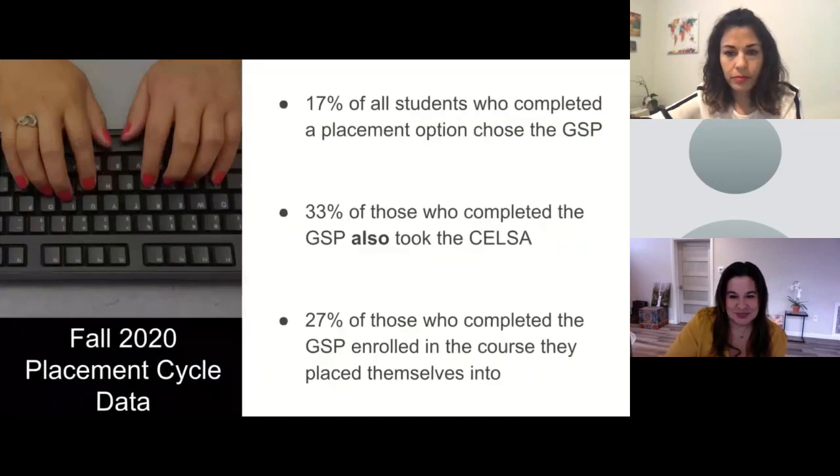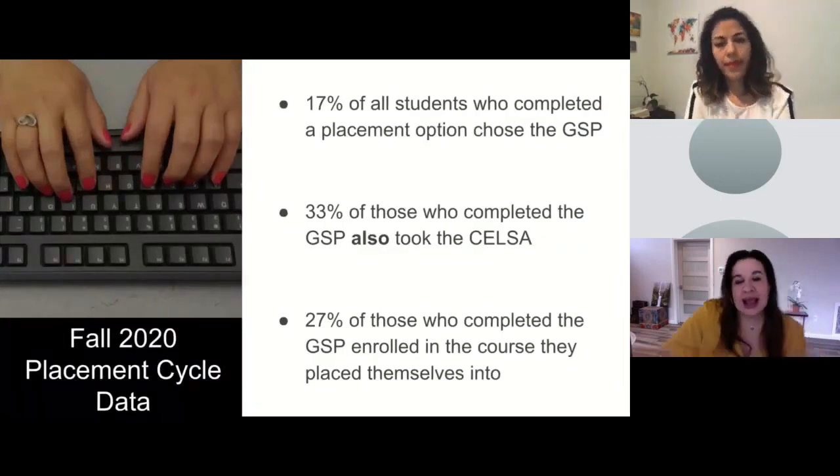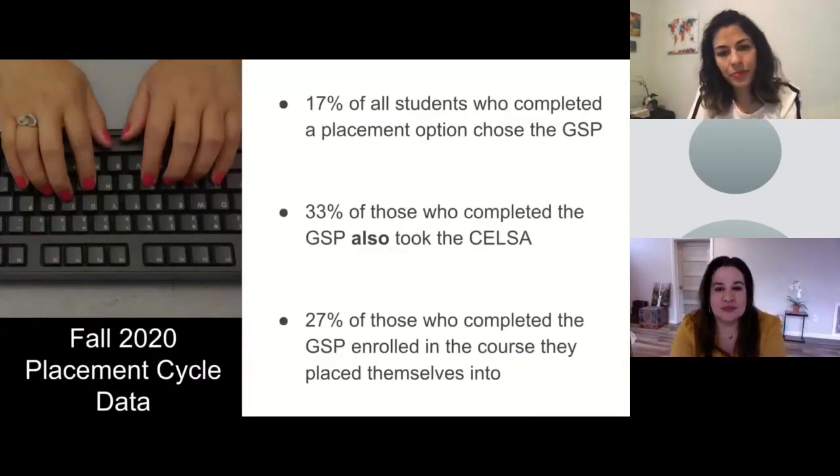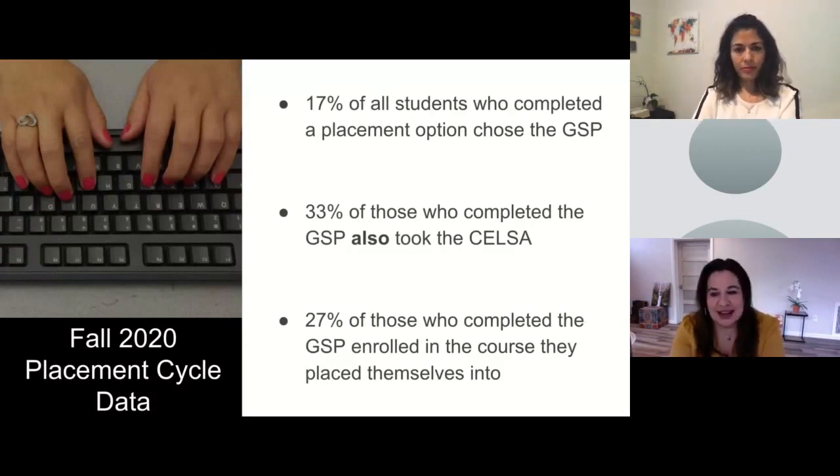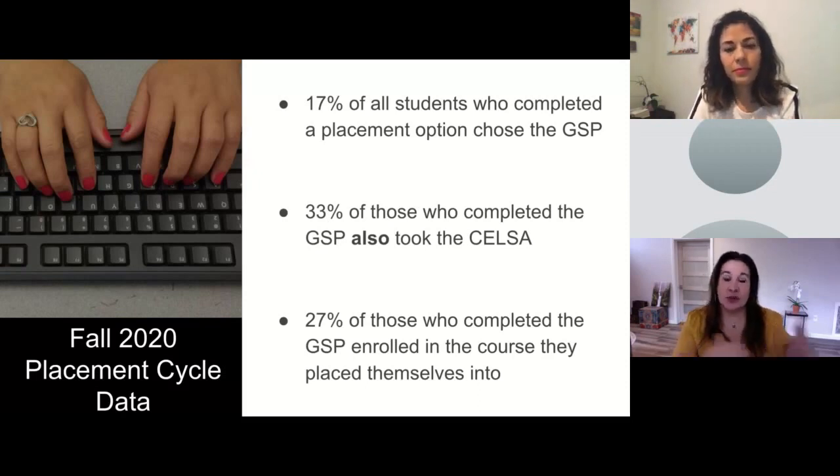Next slide, please. So the two options, before we get into this data here, I'll let you look at that data though while I go into the options. Our previous placement instrument was the KELSA, and it was always done in person.